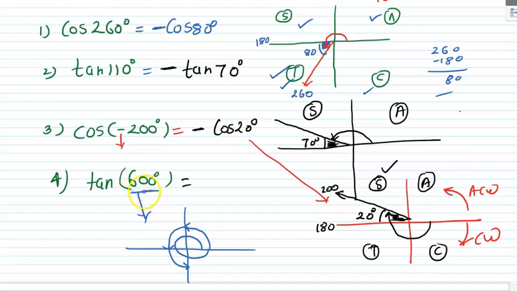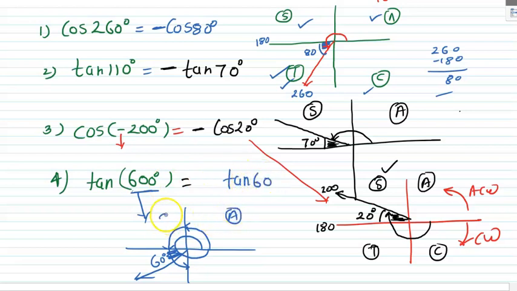And we need to stop at 600. So it must be somewhere here. How much is this acute angle? 60 degree. So tan 600 will be tan 60.